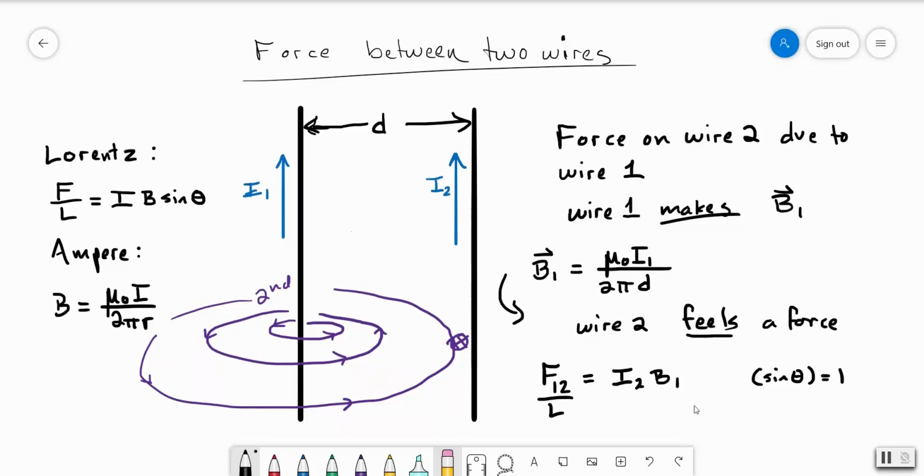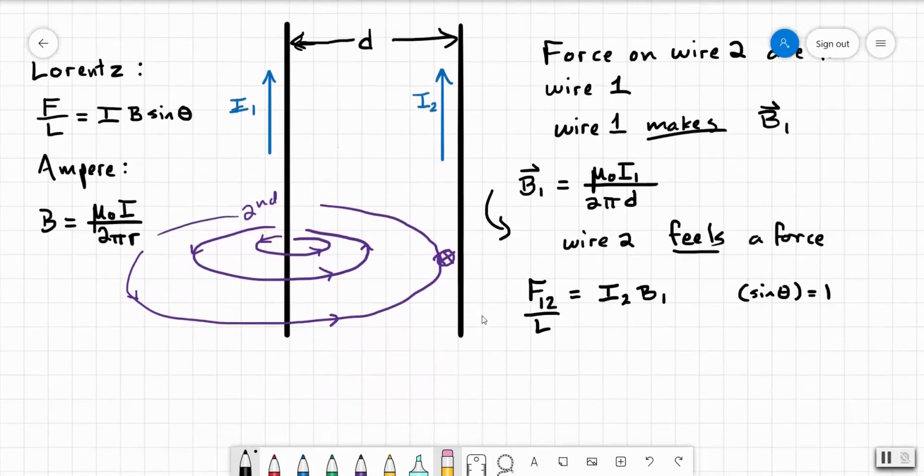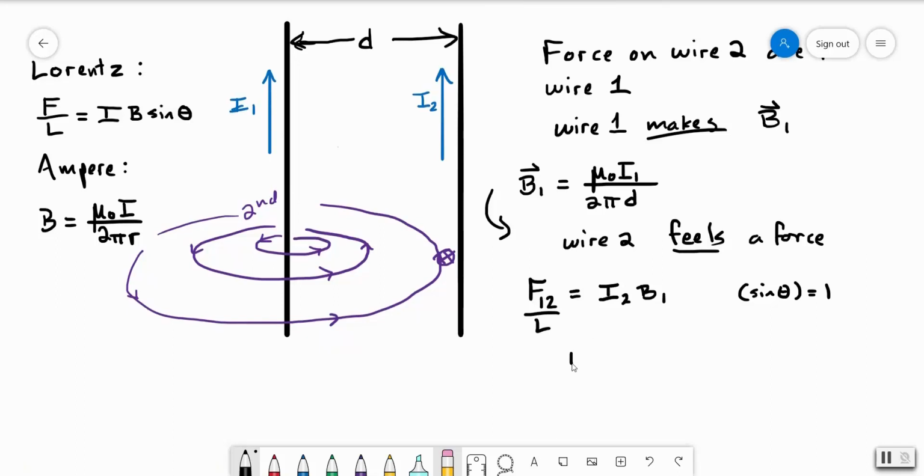Okay. So what this does is it tells us that we can rewrite this force of wire 1 on wire 2 per unit length as equal to the current in wire 2 times B field 1 that we have already established, which is equal to mu naught I1 over 2 pi times the distance between the wires.